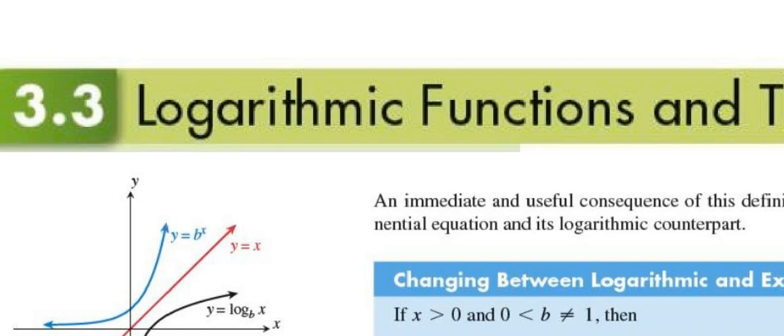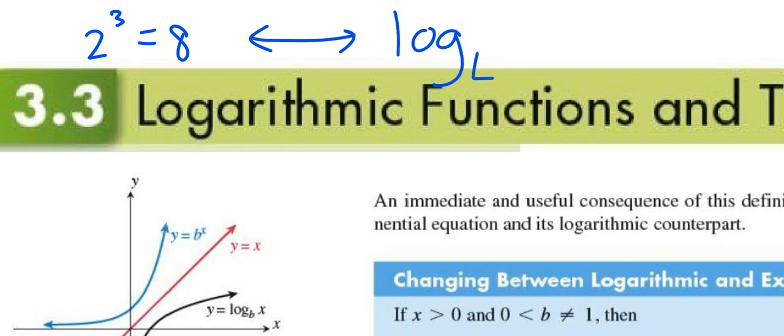The one thing that I know that you guys forget a lot of is this. 2 to the third is equal to 8. That is called the exponential form. But there's another form of that same thing called the logarithmic form, and a lot of you forget how to write things in logarithmic form.